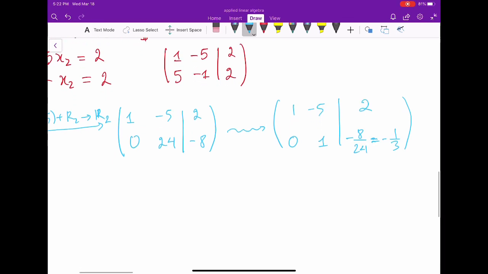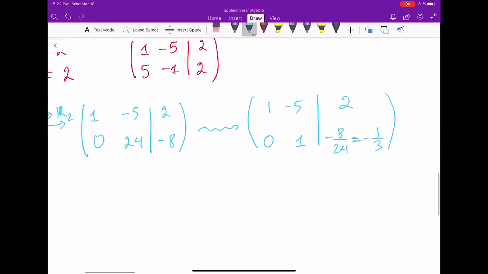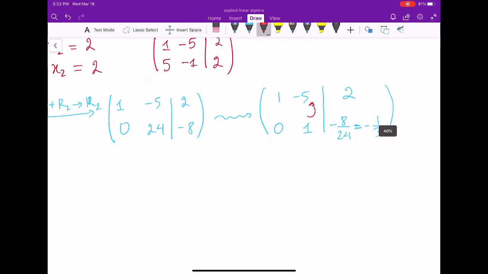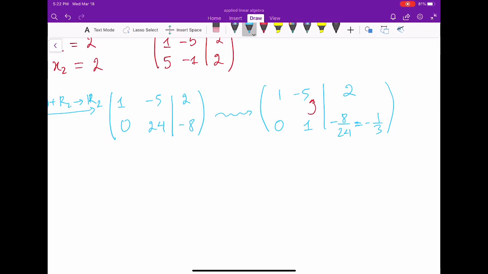Now I multiply the second row by 5 and add to the first, to make negative 5 into 0. I get 1 0 0 1, and then here I get negative 1/3.